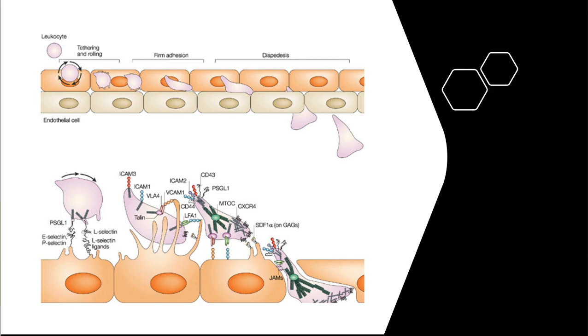As a result, the bound leukocytes bind, detach, and bind again, and thus begin to roll along the endothelial surface. These weak selectin-mediated rolling interactions slow down the leukocytes and give them the opportunity to recognize additional adhesion molecules on the endothelium.